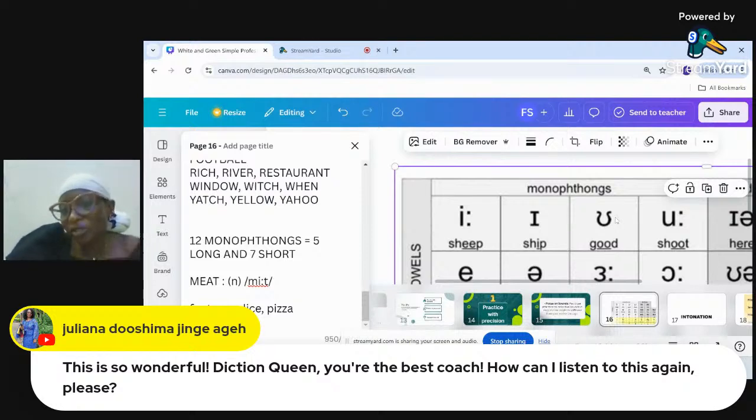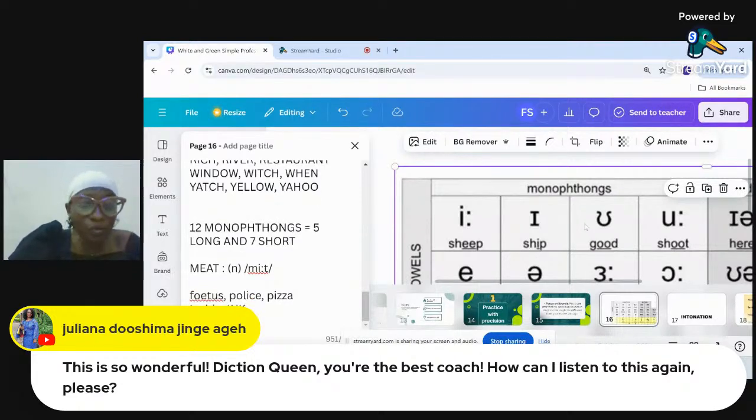The next vowel sound that we have is another short vowel sound. We have it in words like good, book, cook, foot, not food. It sounds short, like a quick sound, good, book, cook.